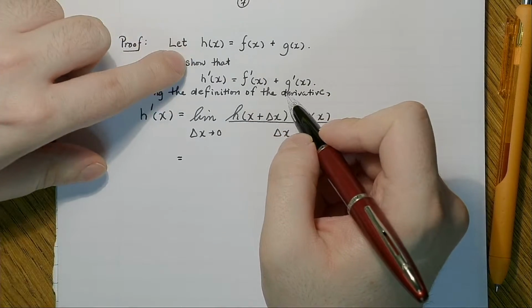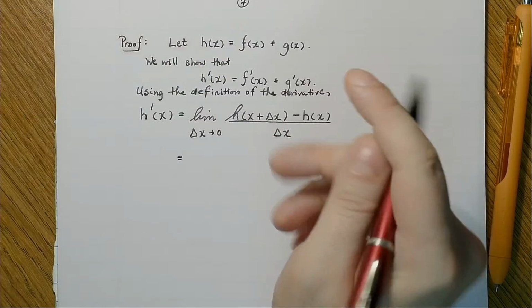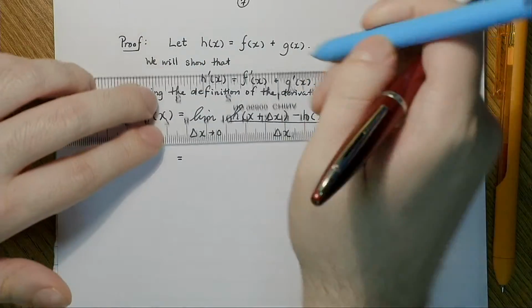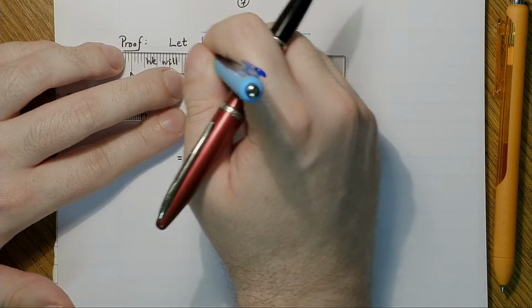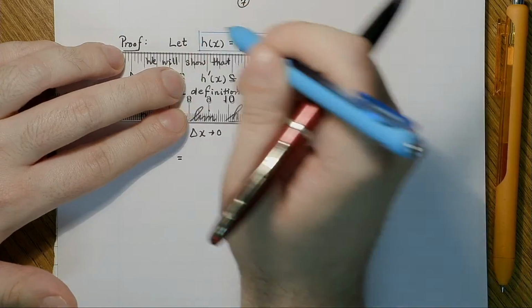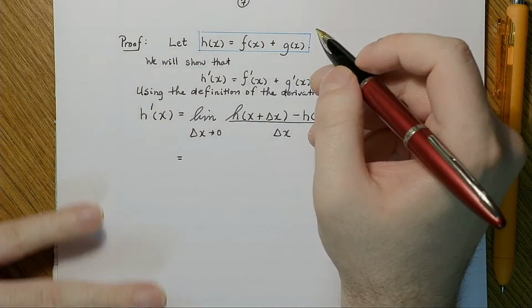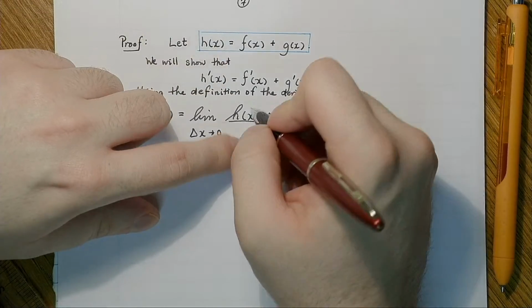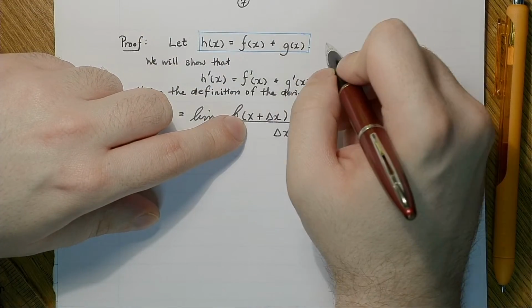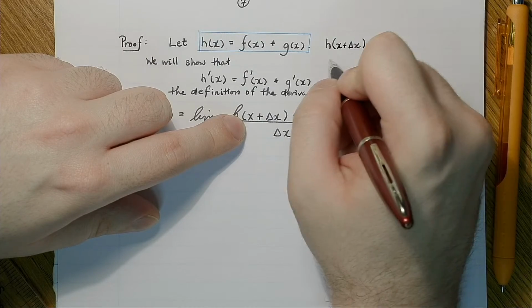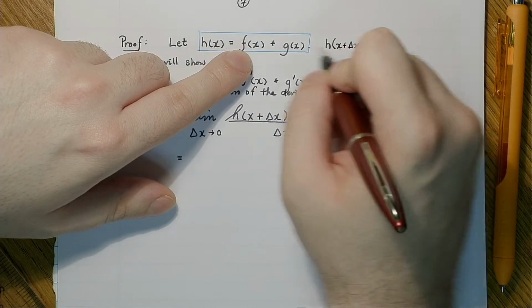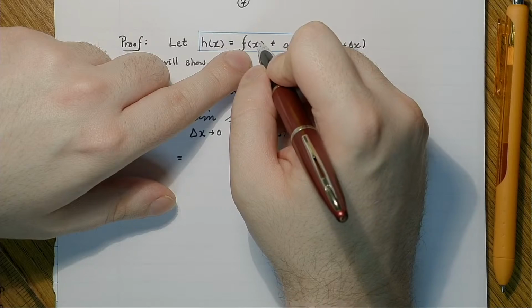So this is our original function that we have. I have to keep remembering this. That's what we want. And then when we substitute in, we plug in that x plus delta x in that. That's equal to substituting in that x plus delta x into here.